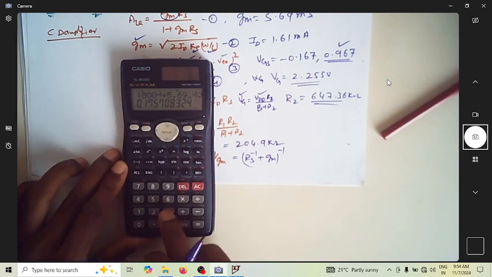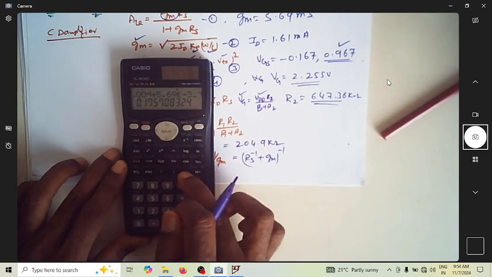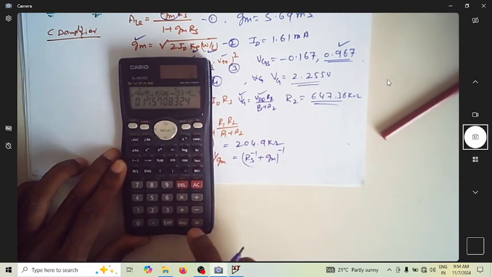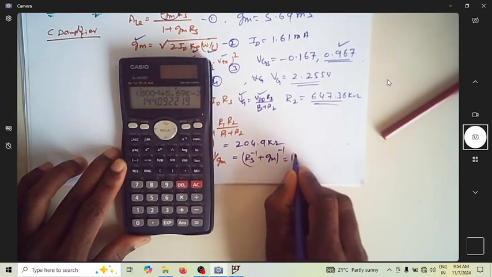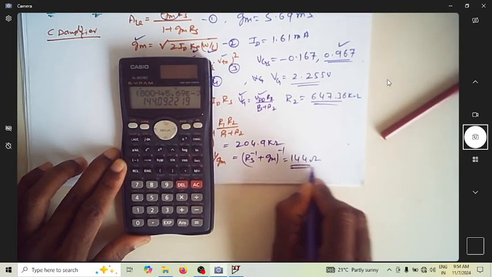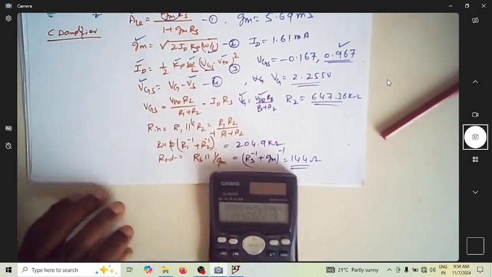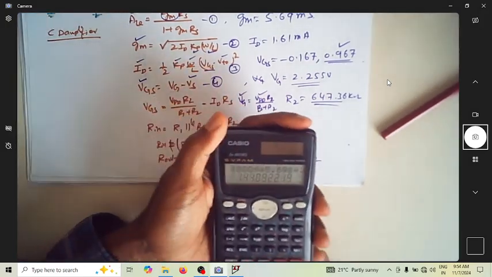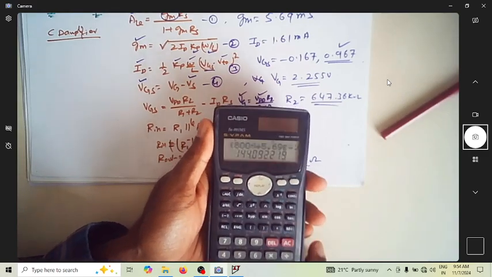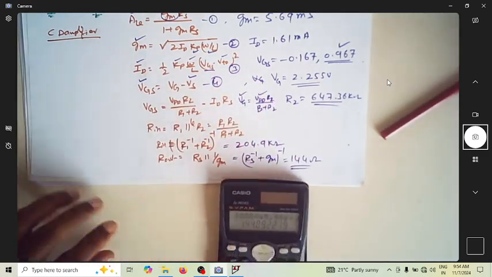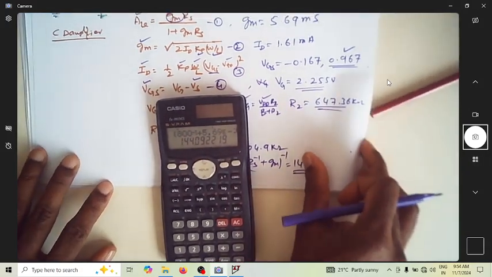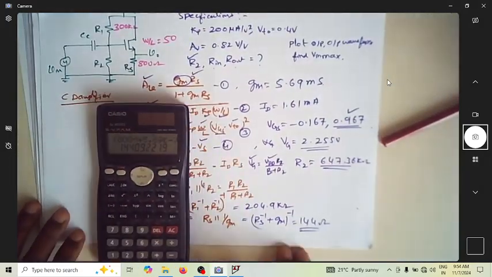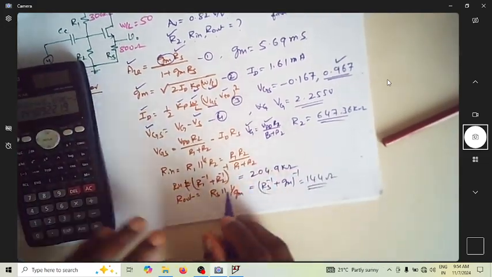So now it is 144 ohms. So this is how you can do this. So this is the value of R out.